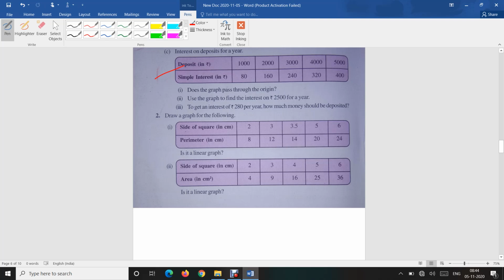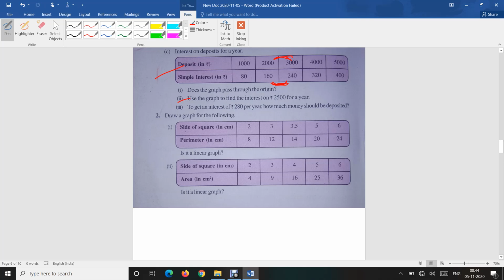The next is: use the graph to find the interest on rupees 2500 for a year. Interest on 2500 will be exactly in the middle of 2000 and 3000, that means exactly in the middle of 160 and 240.